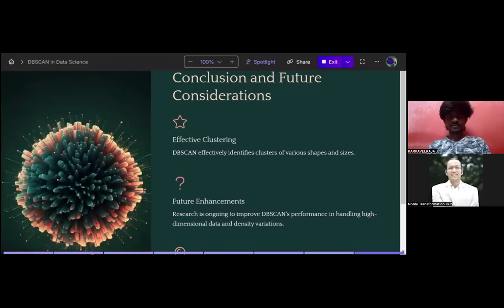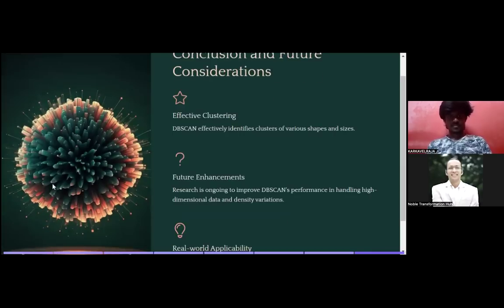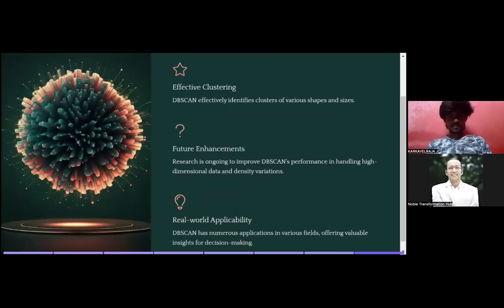Conclusion and future considerations. Effective clustering: DBSCAN effectively identifies clusters of various shapes and sizes. Clusters means groups of various shapes and sizes.